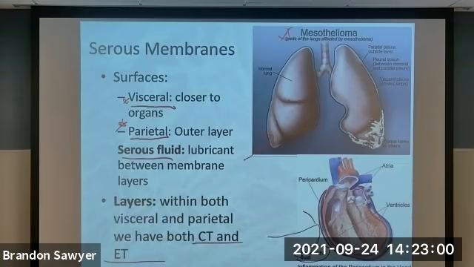The other one would be mesothelioma. The mesothelium is the serous membrane around your lungs. One of the things that has been connected to mesothelioma is plaque formation around the lungs in the serous membrane. One of the causes of this is breathing in asbestos.